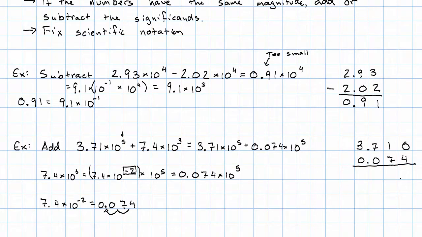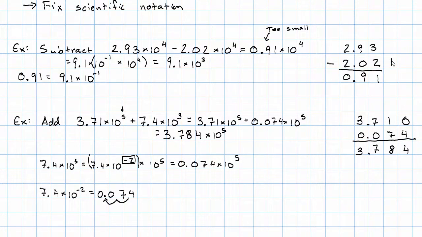Right, fill in a 0 in the blank. 4, 8, 7, 3. I get 3.784 times 10 to the 5th.